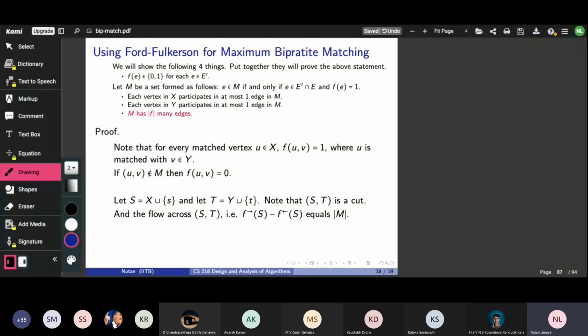And the flow across the cut, which is the flow out of S minus flow into S, equals cardinality M. That is because of these two statements here.